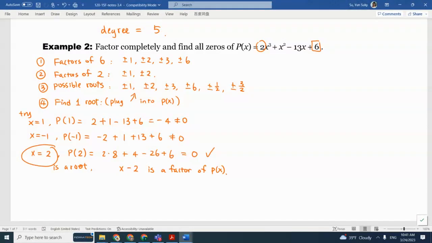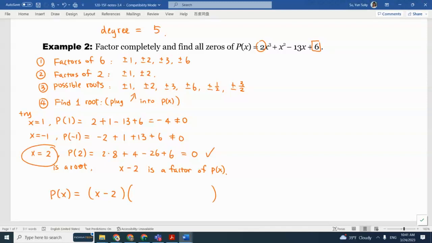Right, everybody? If x equals 2 is the root, then x minus 2 is a factor of the polynomial. So that means p of x equals x minus 2 times some other stuff.